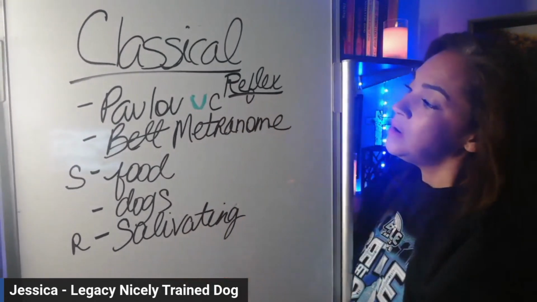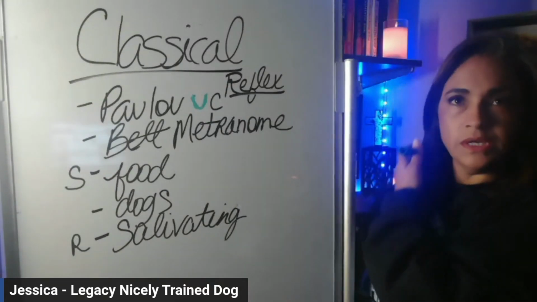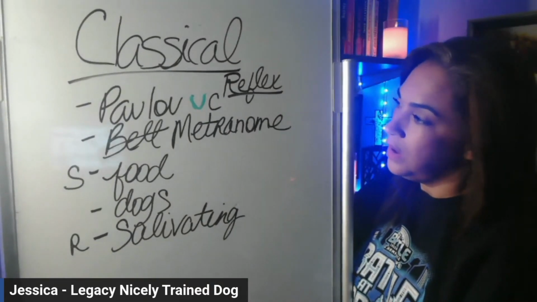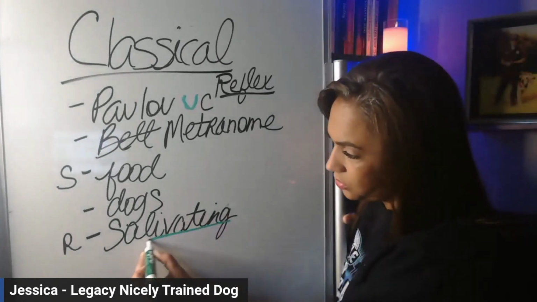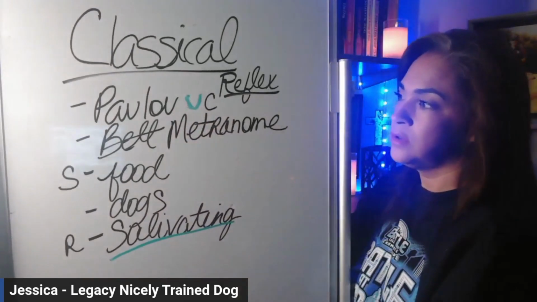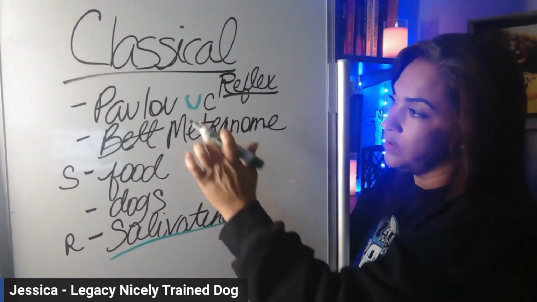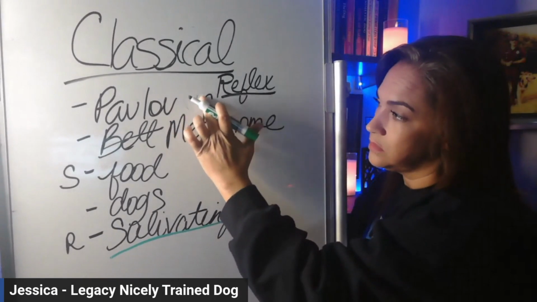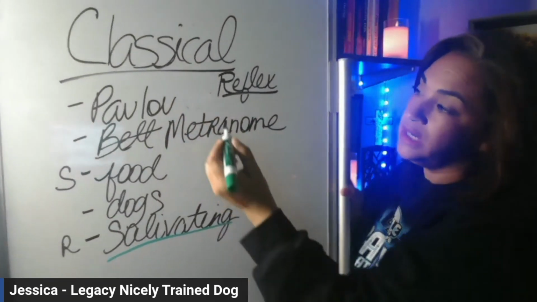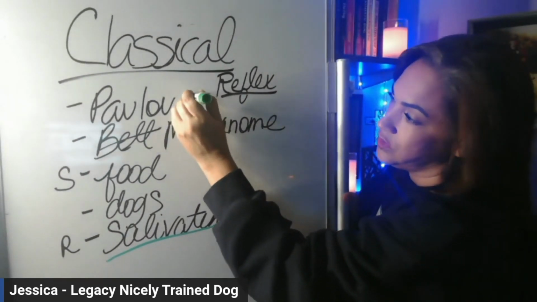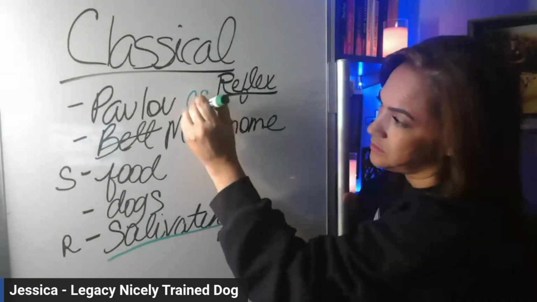But he began to notice that after a while, the dogs would start salivating whenever this appeared. And this went from an unconditioned, why is that a C? This went from an unconditioned stimulus to a conditioned stimulus.